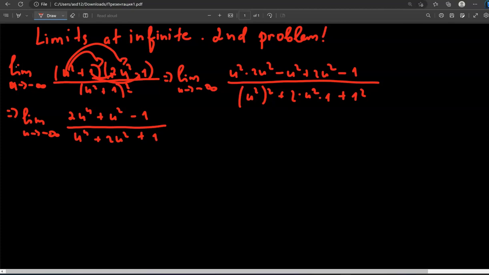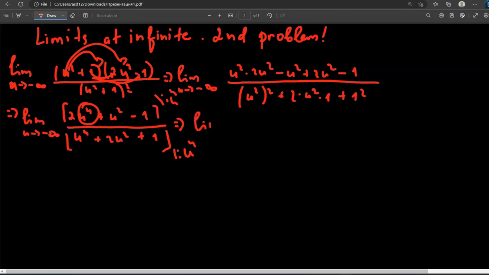As I previously talked about how to solve such limits, we should find the highest exponent in the numerator and the highest in the denominator. We have u to the power of 4, right? So we should divide both the top and the bottom by u to the power of 4, because it is the highest power.